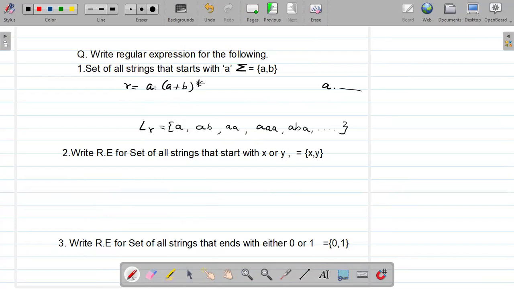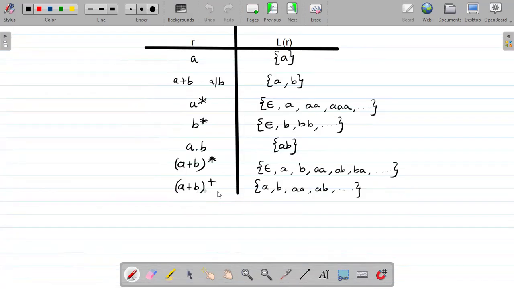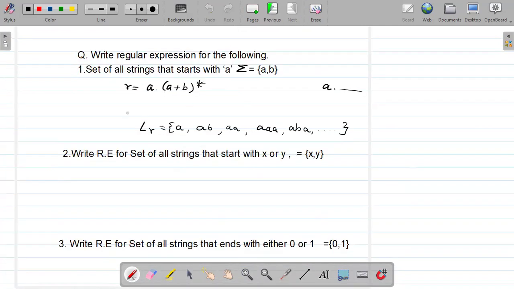So suppose we get epsilon from A plus B the whole star. If you remember, A plus B the whole star gives epsilon, the string of length 0, then A, B, AB, BA. So here it will be A dot epsilon. Epsilon is a string of length 0, so A dot epsilon is nothing but A. Then A is present followed by A from A plus B the whole star.